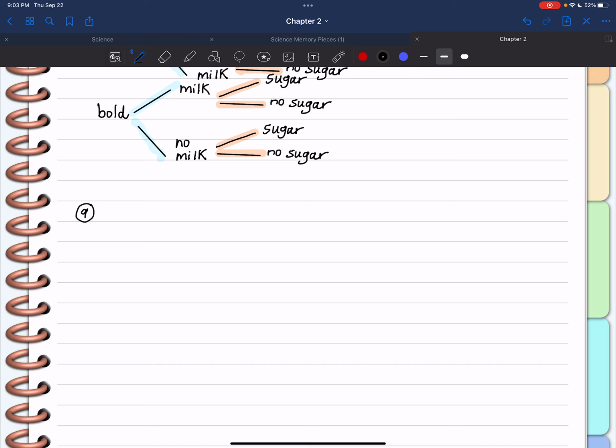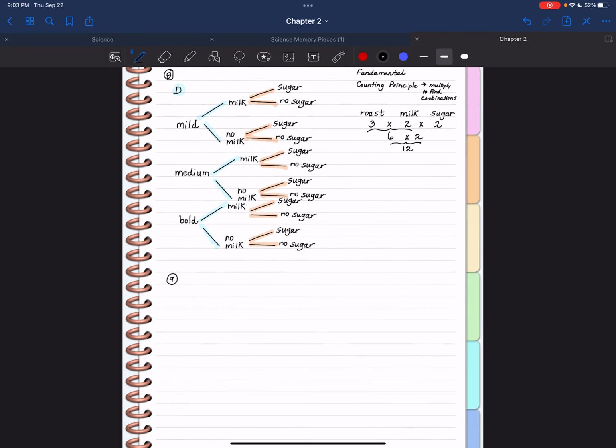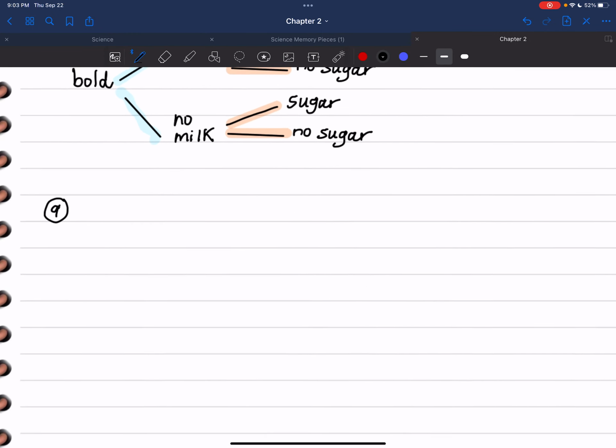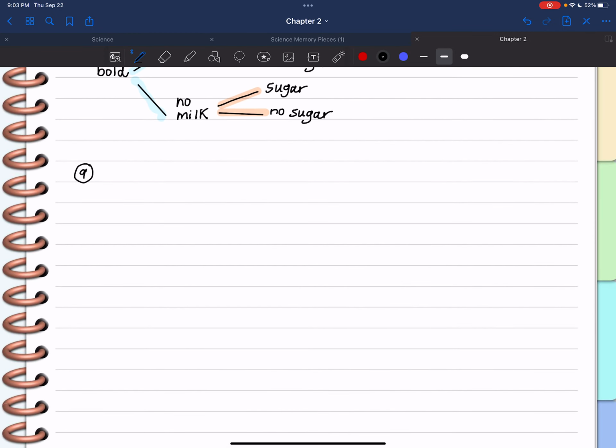All right. Let me think just a minute. We're going to need the fundamental counting principle as our base here. Do I want to go that route? No, I don't. Here's what I do want to remind you of.